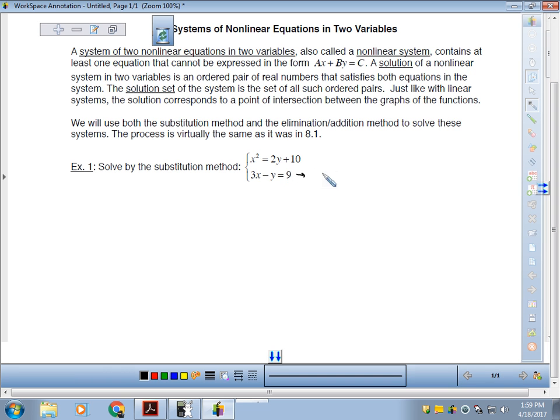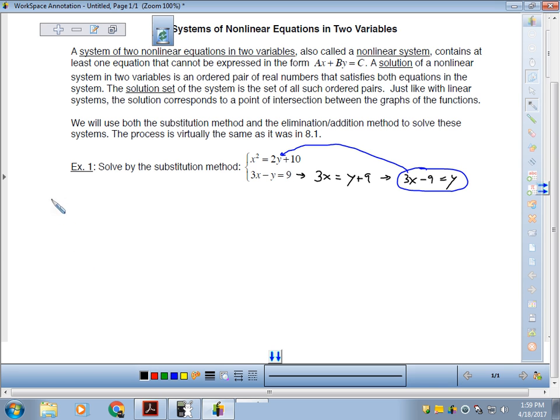So I'm going to move the y over and say 3x equals y plus 9. And then I'll move the 9 over and say 3x minus 9 equals y. Once I have that, I'm going to substitute it in for the y in this other equation.